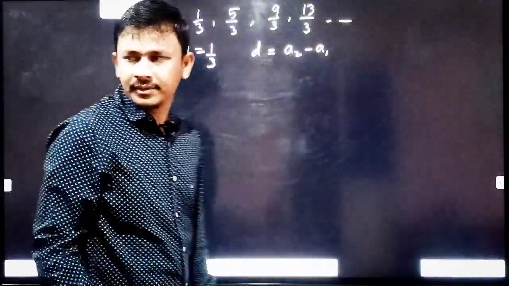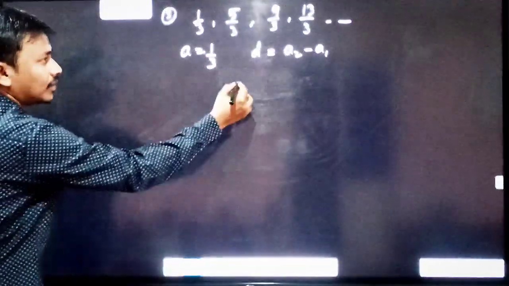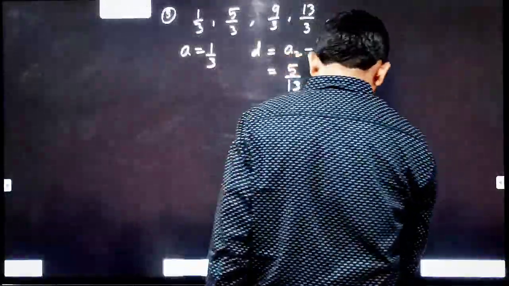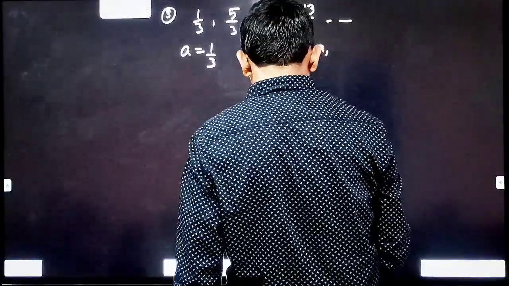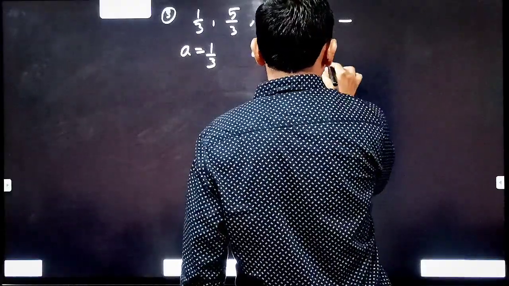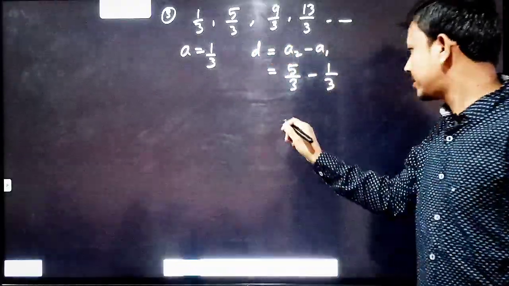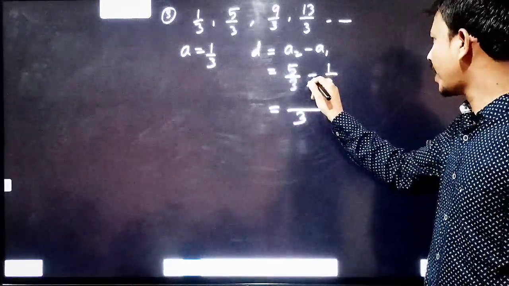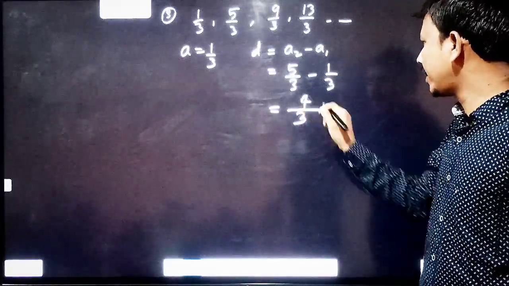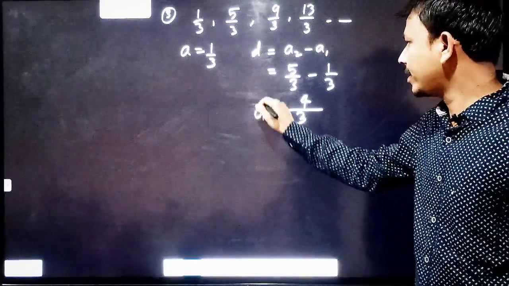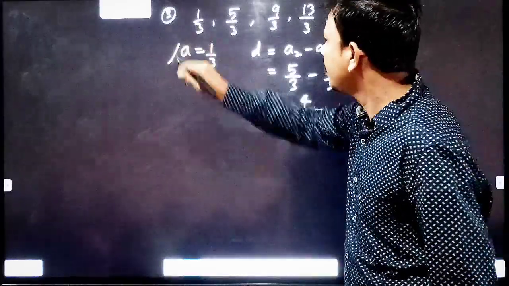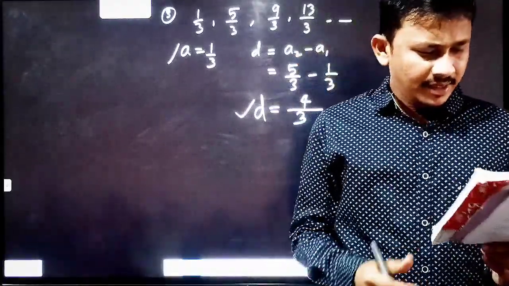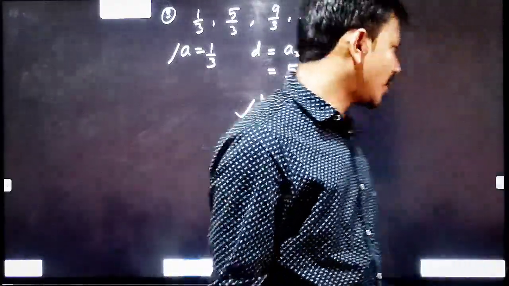And what is the second term? 5 divided by 3. 5 divided by 3 minus 1 divided by 3. The LCM is the same, 3 only. 5 minus 1, 4 divided by 3. This is the common difference. First term, common difference. Understood? Then comes the fourth question, 0.6.